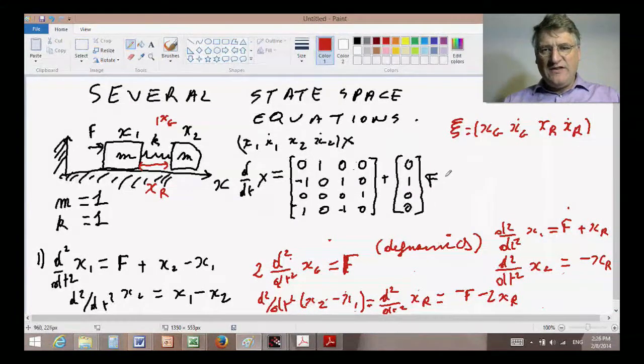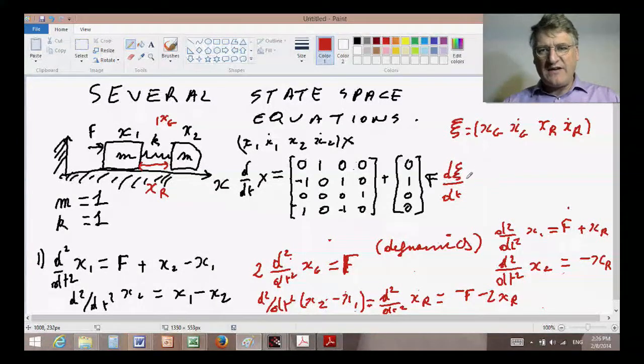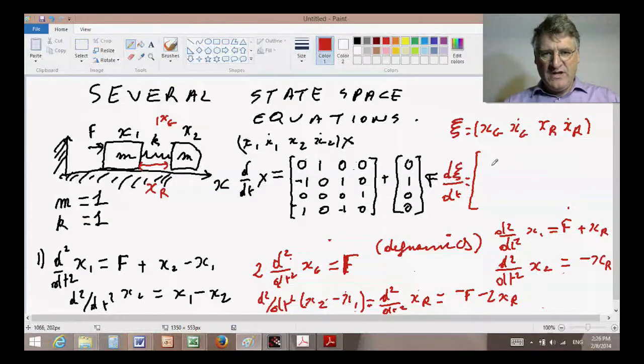And we can write another expression, which is d dt of Xi. For those of you who are not familiar with that letter, it is a Greek letter which means almost like x, is equal to a certain matrix A again, and a certain matrix B.